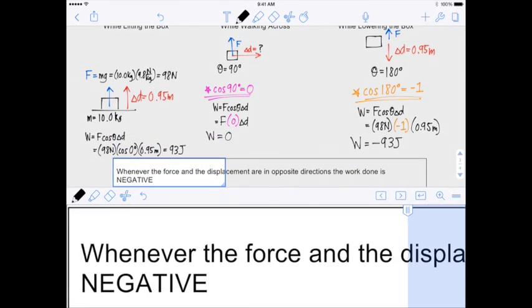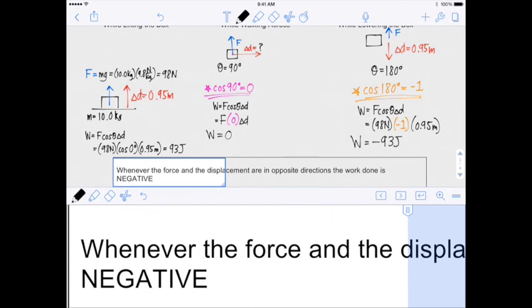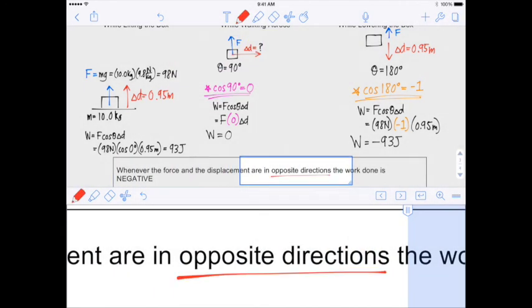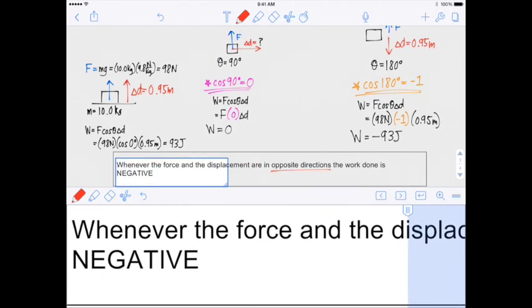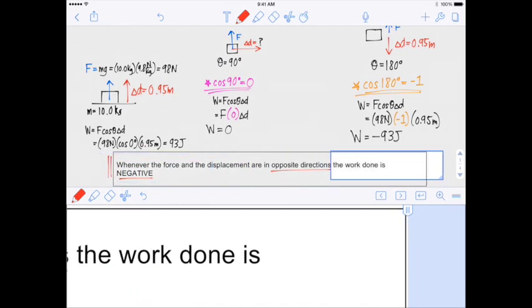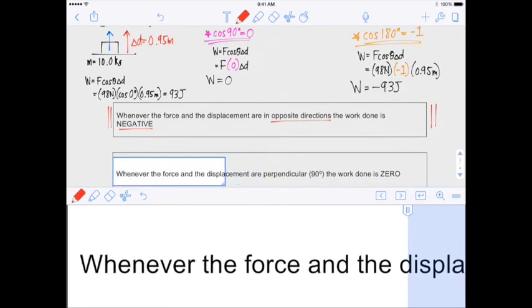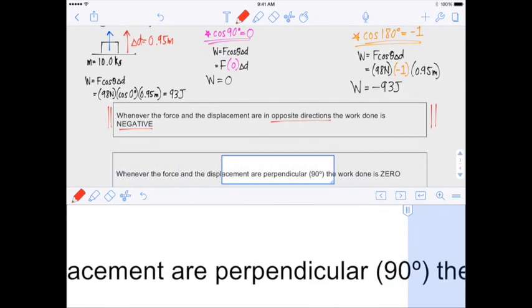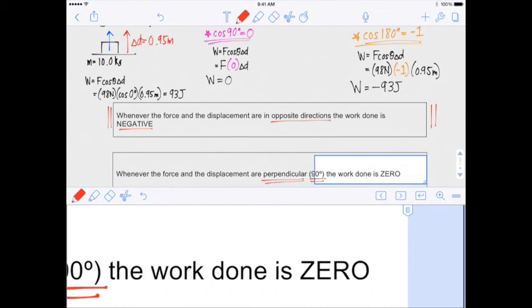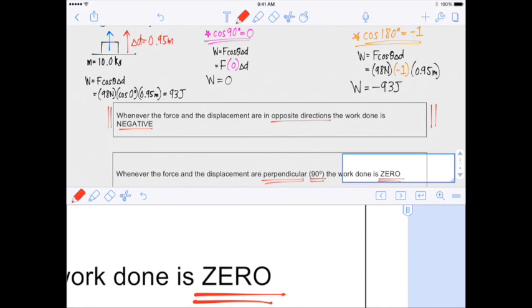The first one is, whenever the force and the displacement are in opposite directions, the work done is negative. The second statement, whenever the force and the displacement are perpendicular, or 90 degrees, the work done is 0.